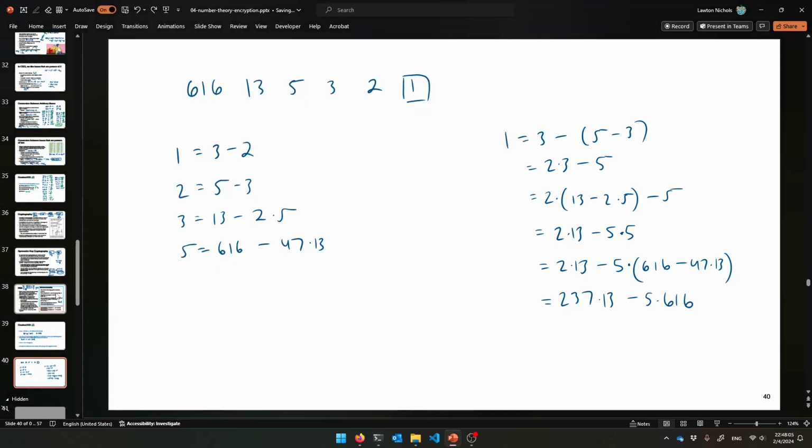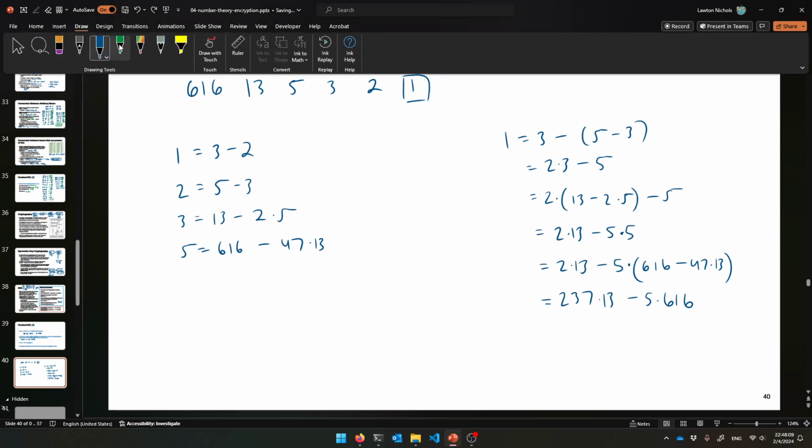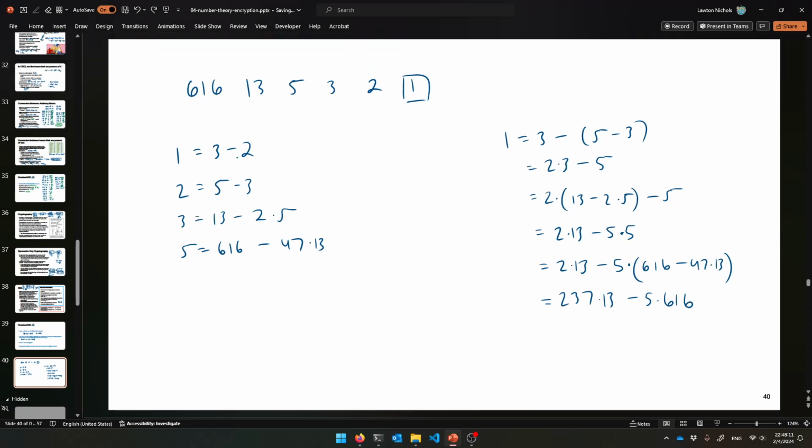And then what we're looking for, remember, which was E, which was phi, right? This is phi. This is E, and we're looking for the multiplicative inverse of E mod phi. So we're going to do mod phi on all these bad boys in this equation. So mod phi, mod 616, makes any multiple of 616 go to 0.